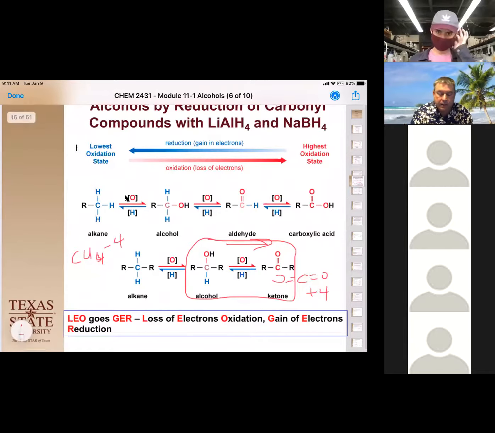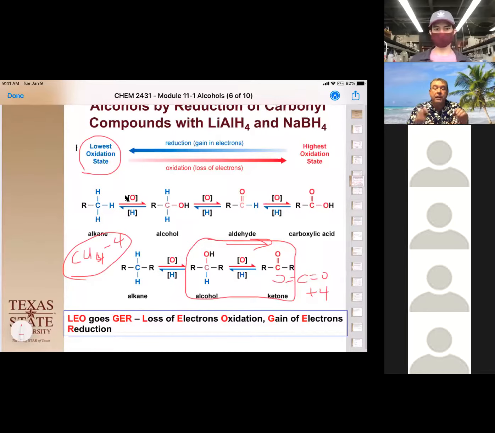On our lowest oxidation state possible, we have methane at -4 because it has 4 hydrogens on it and no oxygens. And our highest oxidation state turns out to be CO2 because it has 4 bonds to oxygen, which gives it a +4. Now, everything else is somewhere in between. Ketones and aldehydes are going to be in the +1, +2 range.